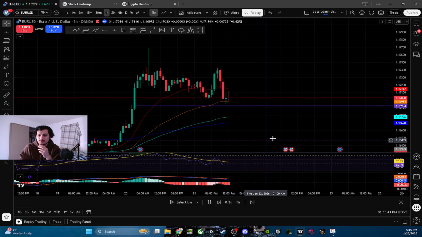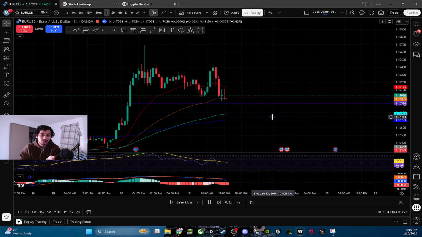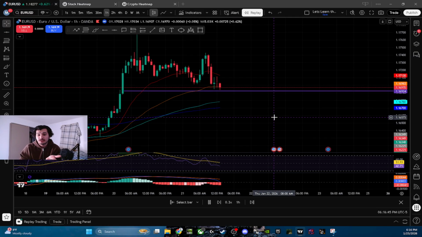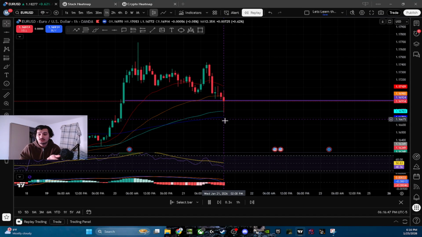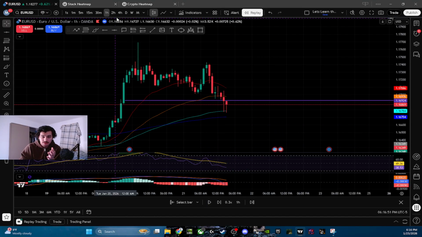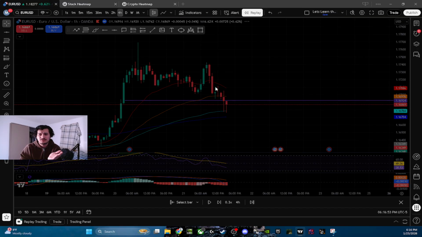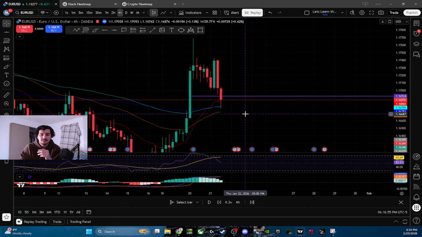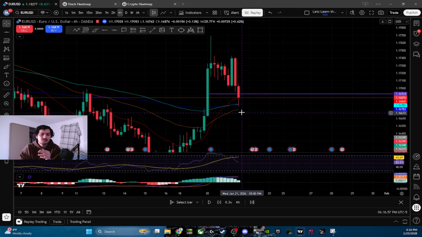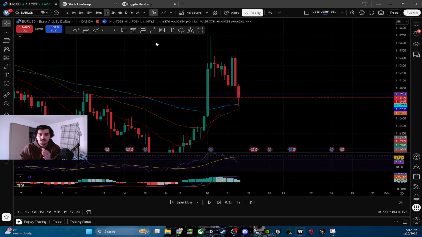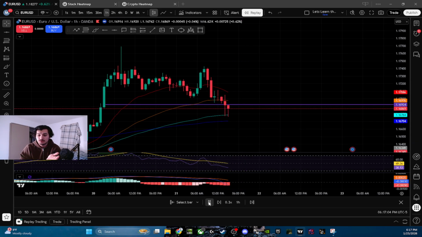All right. So that candlestick was a doji candle, and then it continues going down towards this 200 EMA on the 1 hour time frame. If we go to the 4 hour time frame, you can see that it's also the 100 and the 200 EMA on the 4 hour. Let's go back to the 1 hour, continue replaying it.